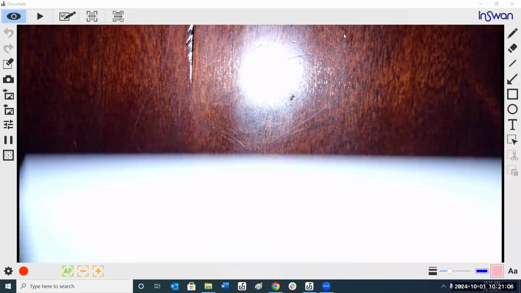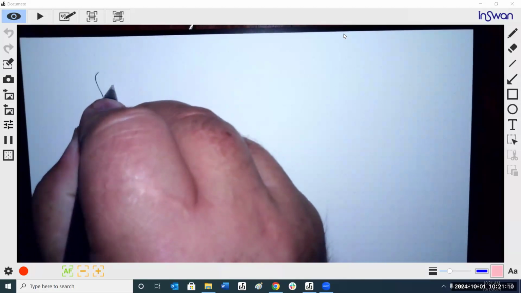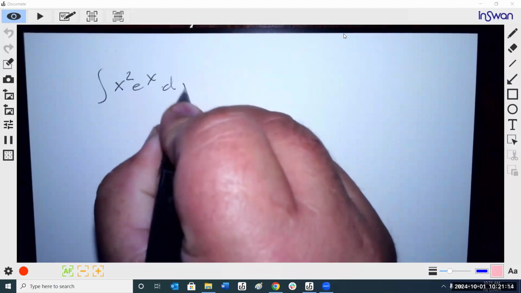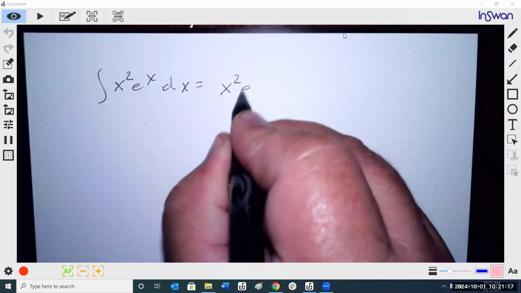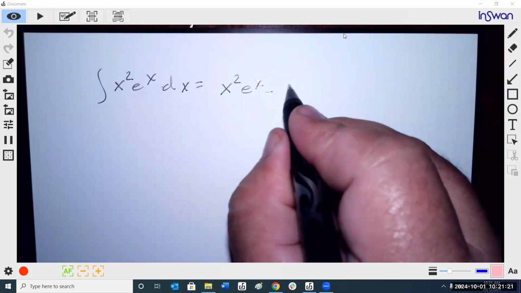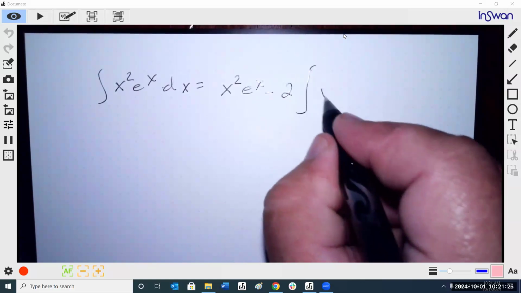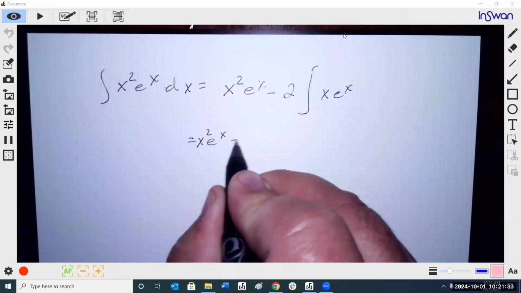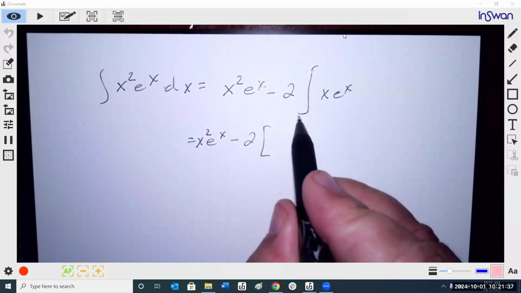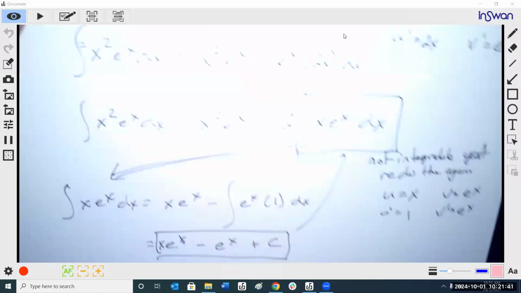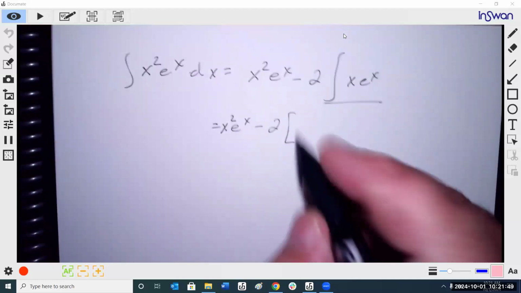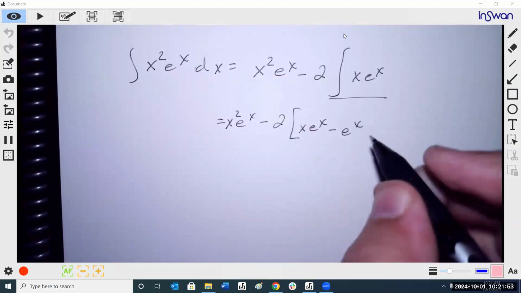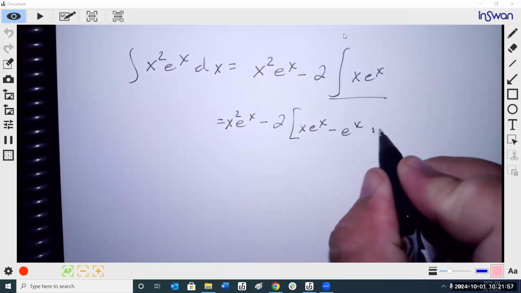Our original equation, which was the integral of x squared e to the x dx, we broke down to x squared e to the x minus, we had the 2 out in front, 2 times this whole integral, which is what we just calculated here, which is e to the x plus c.